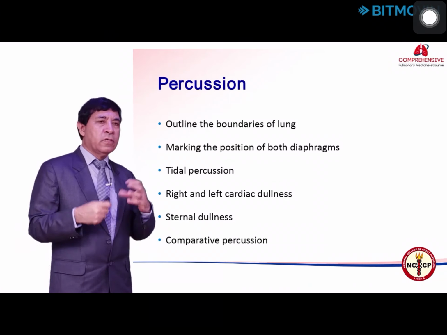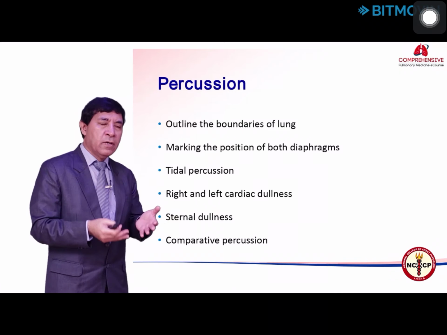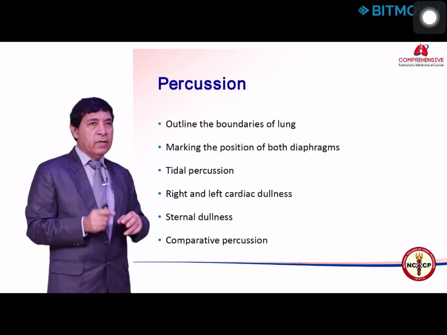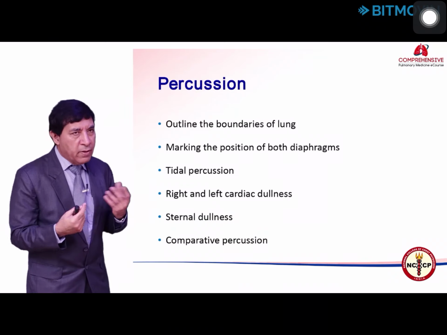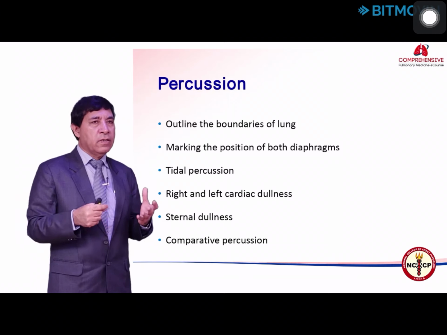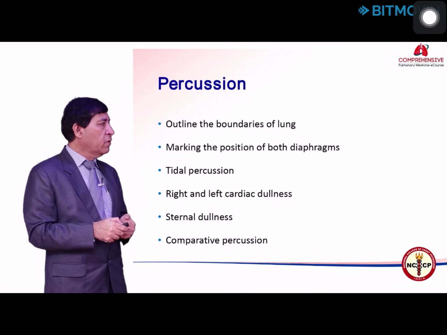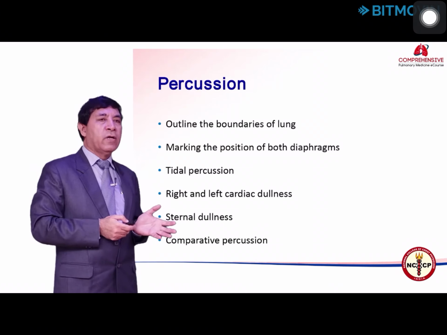Otherwise, suppose there is a volume loss, if there is a collapse, the diaphragm has gone up, the liver will go up on that side, then you will be only percussing on the liver and maybe falsely telling that the lower part of the lung is dull. So, first and foremost, the important thing in percussion is to outline the boundaries of the lungs.